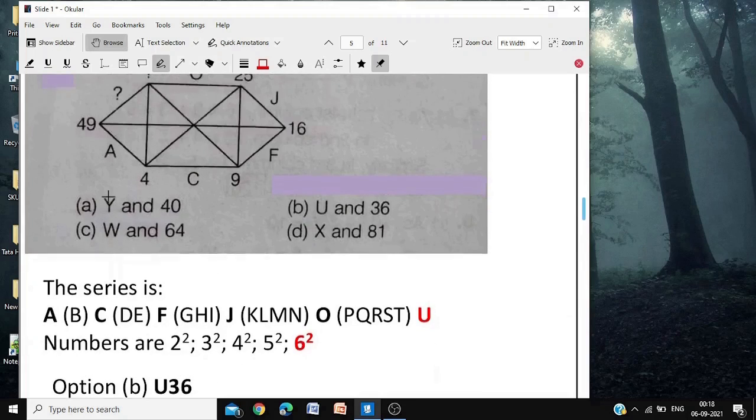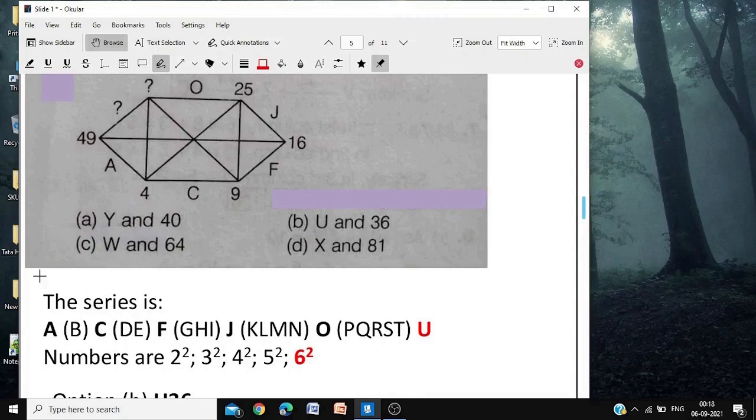How are we getting the letters? First is A, then we skip B and get C. Then we skip 2 letters, D and E, and get F. Now skip 3 letters, G, H, I, then you get J. Then you skip 4 letters, K, L, M, N, then you get O. Then you skip 5 letters, P, Q, R, S, T, and you get U.